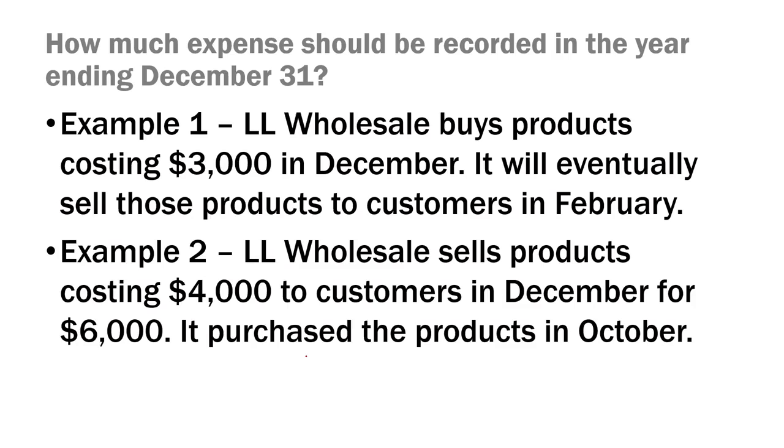So it needs to match the cost of the inventory sold to the revenues that that inventory generated. So in December, it will record a cost of goods sold expense of $4,000. So its inventory account on the balance sheet will go down, of course, because it no longer has the inventory, and that will be recorded as a cost of goods sold expense on the income statement.